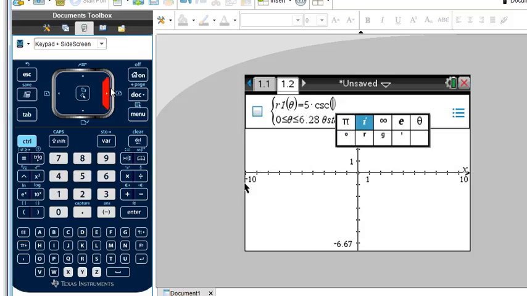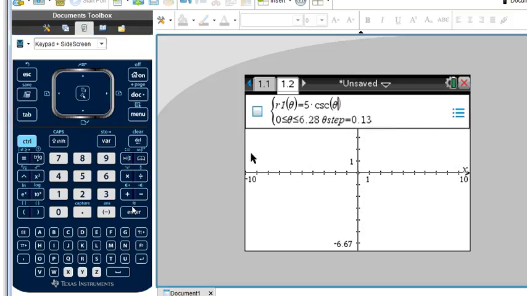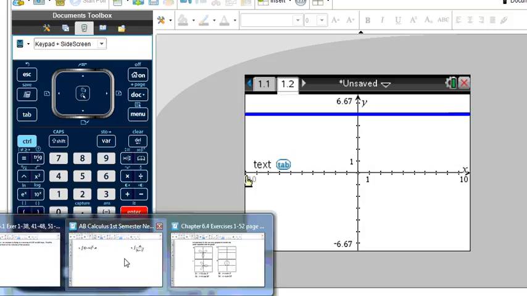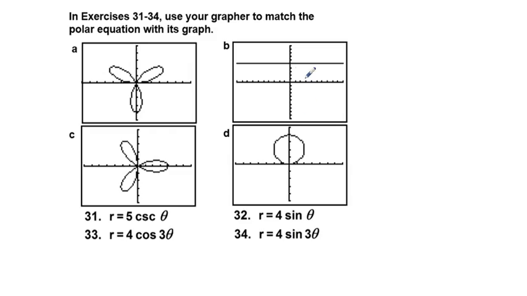So here we go. There's theta, the graph, and we get a horizontal line here where y equals 5. So we go to our answer choices here, and it looks like that's what we have here. That's going to be answer choice B.